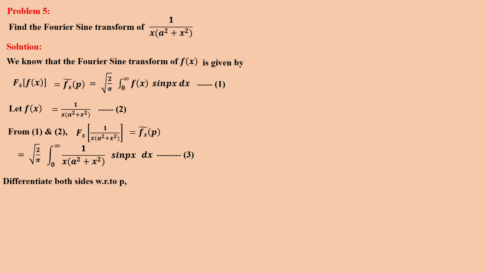Now differentiate both sides with respect to p. We have d by dp of Fs bar of p, which is equal to d by dp of root of 2 by pi integral 0 to infinity 1 by x(a² + x²) sin px dx. Without loss of generality, we are interchanging integration and differentiation, so we take the differentiation inside the integral.